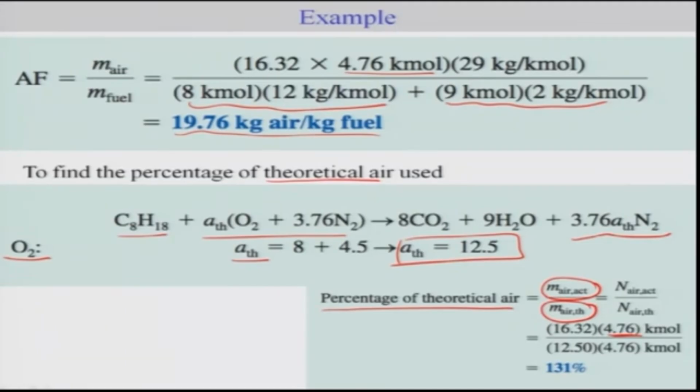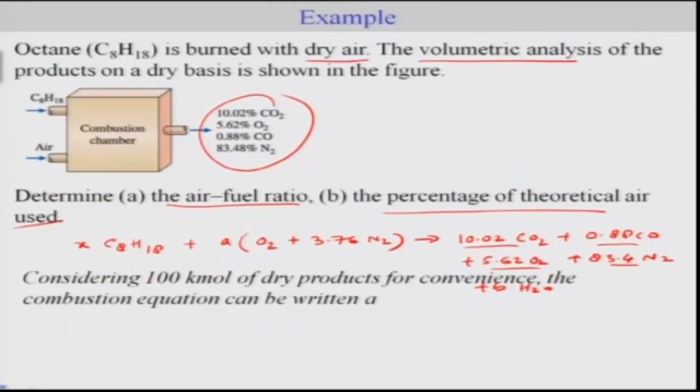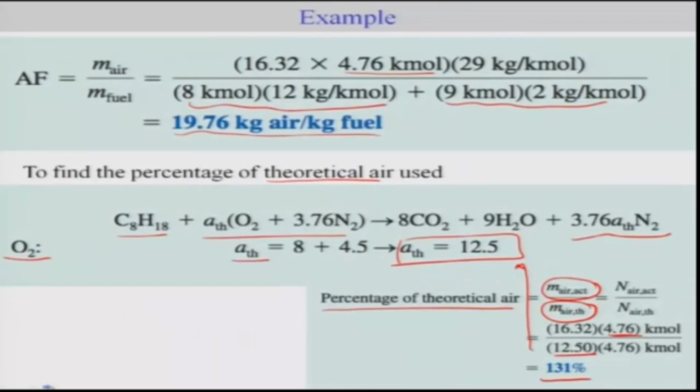This is the total kilomoles of air, and the theoretical is 12.5 multiplied by 4.76, and this gives you 131%. So in the previous combustion example we used 131% of theoretical air, or in other words 31% excess air in order to have this combustion process for the octane.